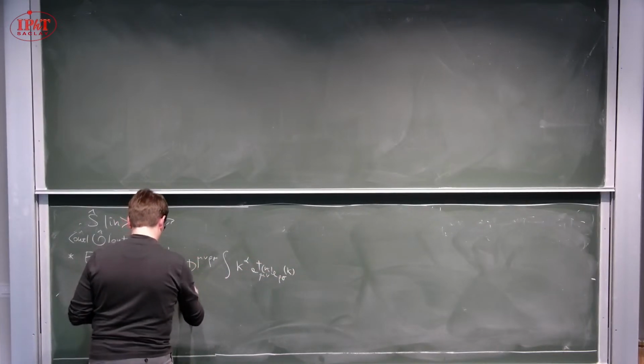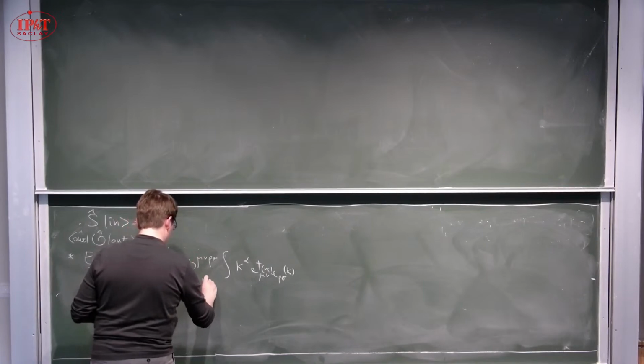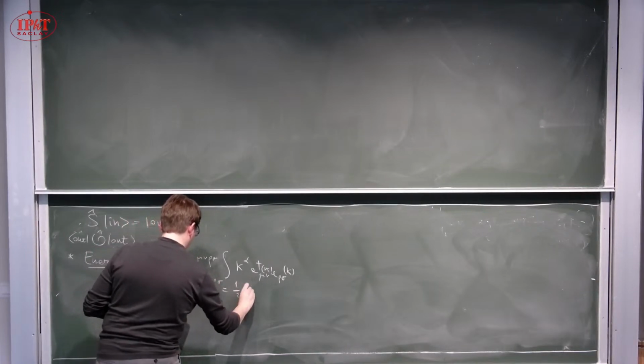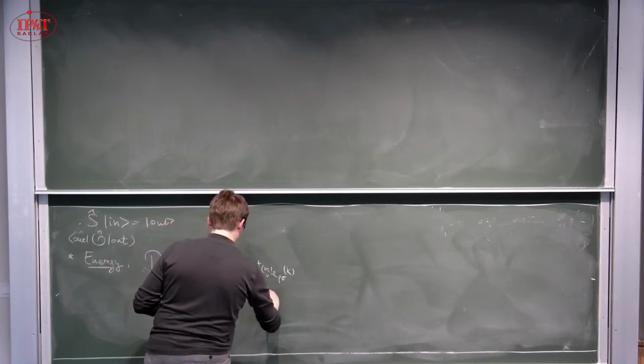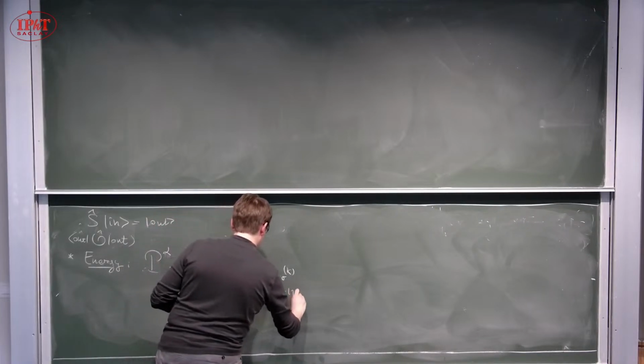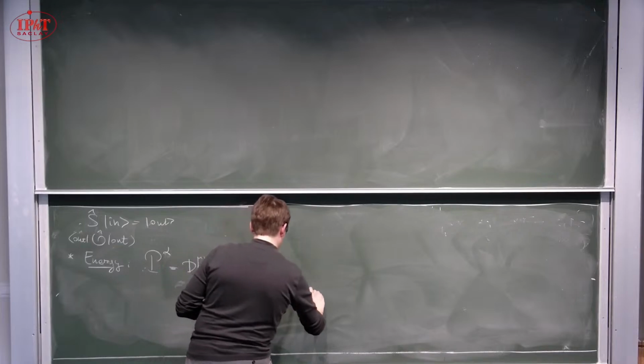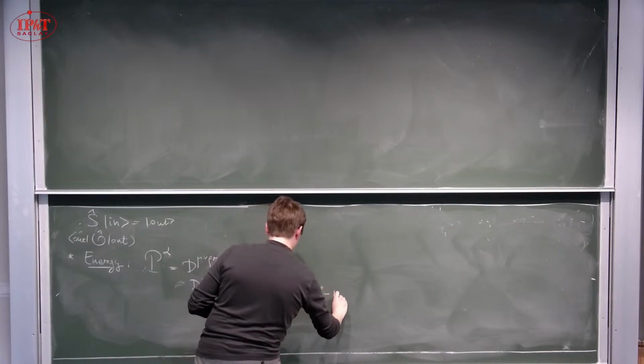This is just for simplicity. So this D is just a combination of half eta mu rho, eta mu sigma, eta mu sigma, eta mu rho minus eta mu.